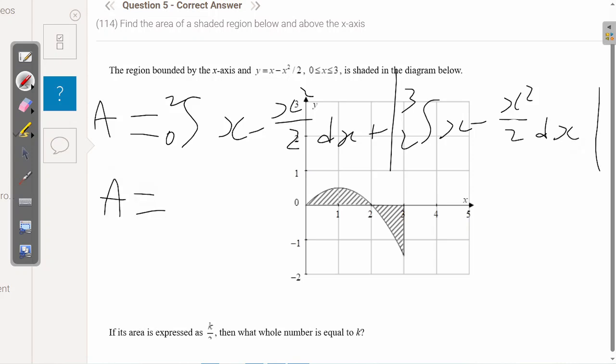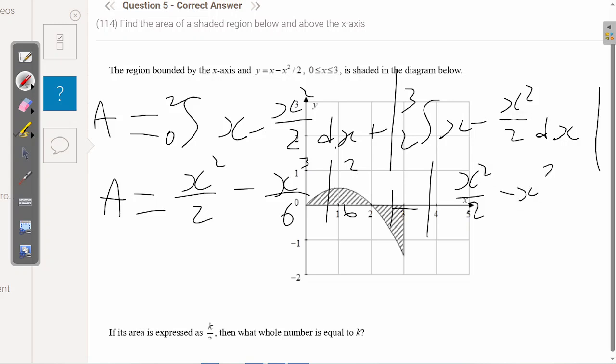Okay, so let's integrate this. x will become x squared over 2, and x squared over 2 will become, bring the power up, x to the power 3 over 6, with limits from 0 to 2, plus the absolute value of the same integral, x squared over 2 minus x cubed over 6, from 2 to 3.